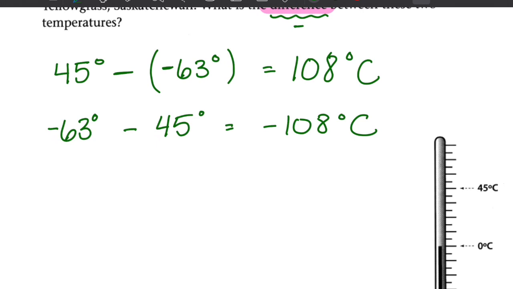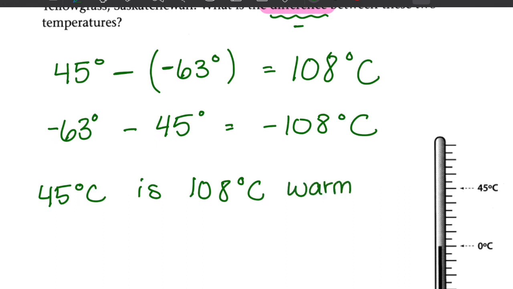So there are two ways to explain your answer. You can say that 45 degrees Celsius is 108 degrees Celsius warmer than negative 63 degrees Celsius. So this is one way to explain your answer.